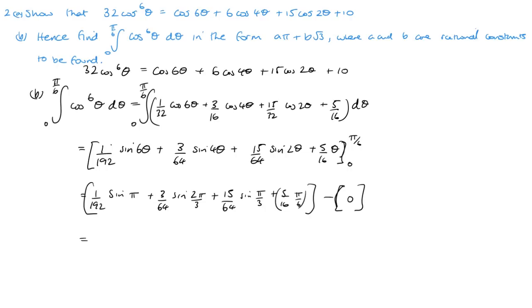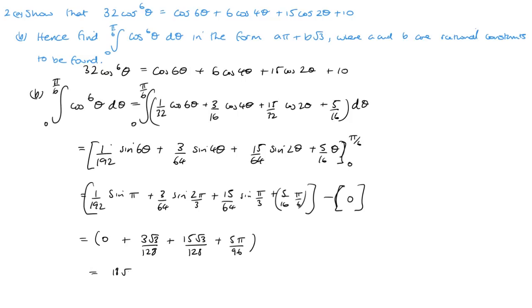So sine of pi is 0, so we've got 0 plus 3 root 3 over 128 plus 15 root 3 over 128 plus 5 pi over 96.